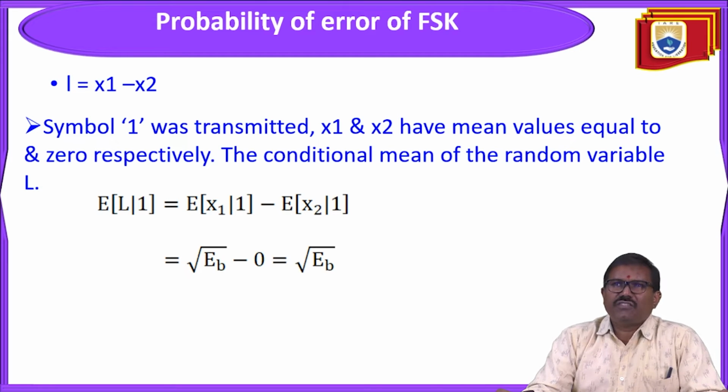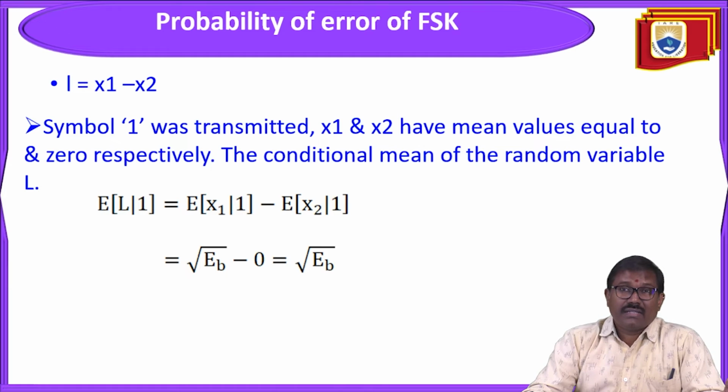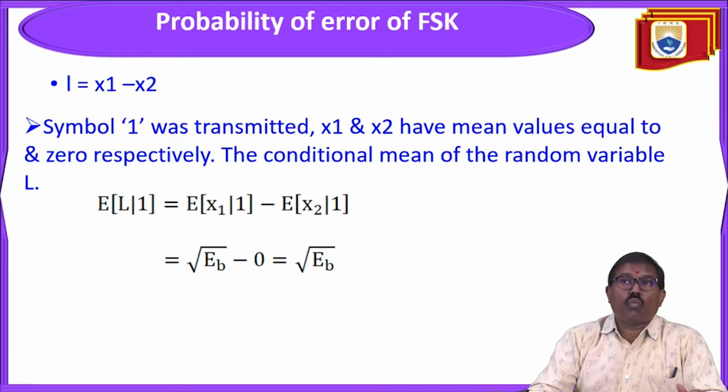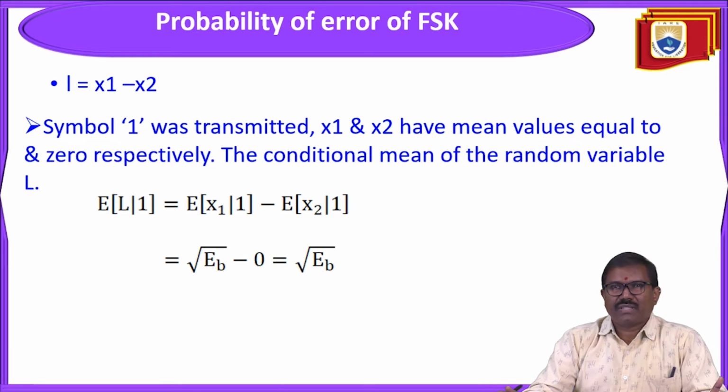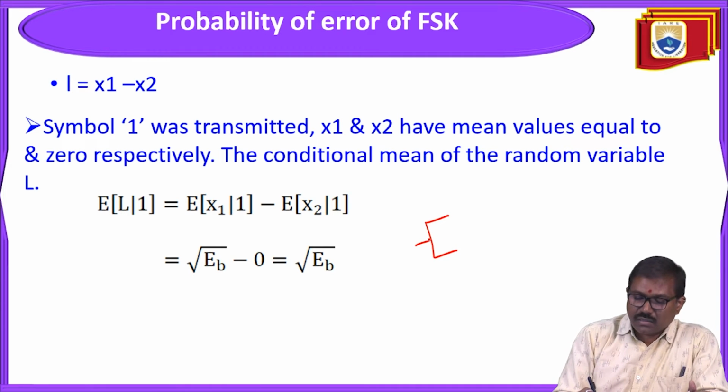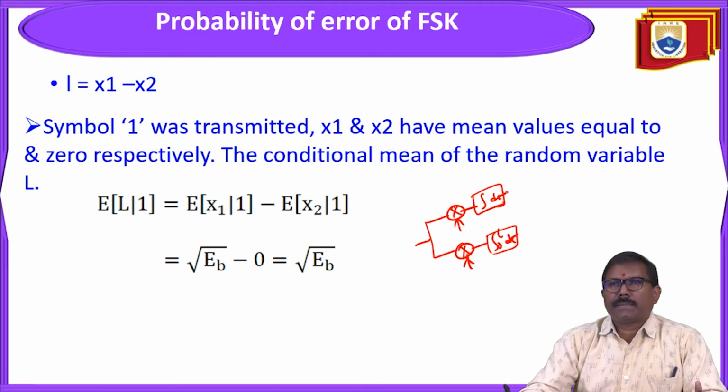For understanding this probability of error of FSK, we again remember how the receiver works in FSK. In the receiver we have two channels, an upper channel and a lower channel, and each is linked with one of the basis functions.